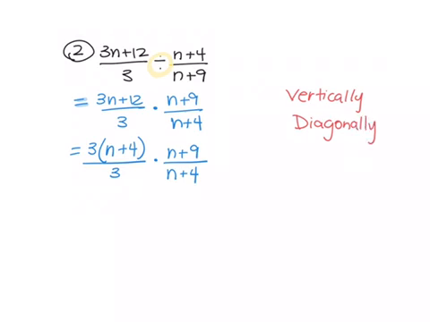So as we look here, vertically, I can take those 3's out, reduce those 3's away, and diagonally, I can reduce out this n plus 4, which means that in the numerator, all that I have left is n plus 9. And in the denominator, it looks like I have canceled everything out. Technically, there would still be a 1 there, but really to have this in simplest form, we would not need to write that 1. So we could write our answer as just n plus 9.